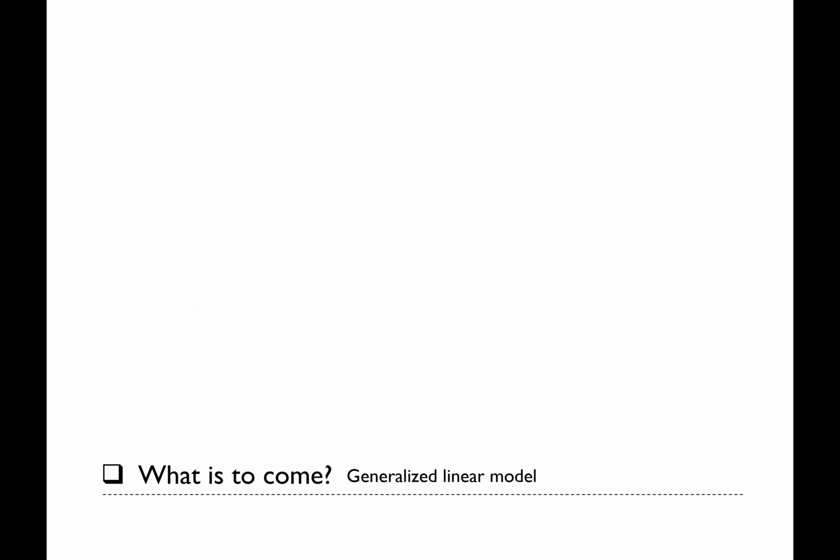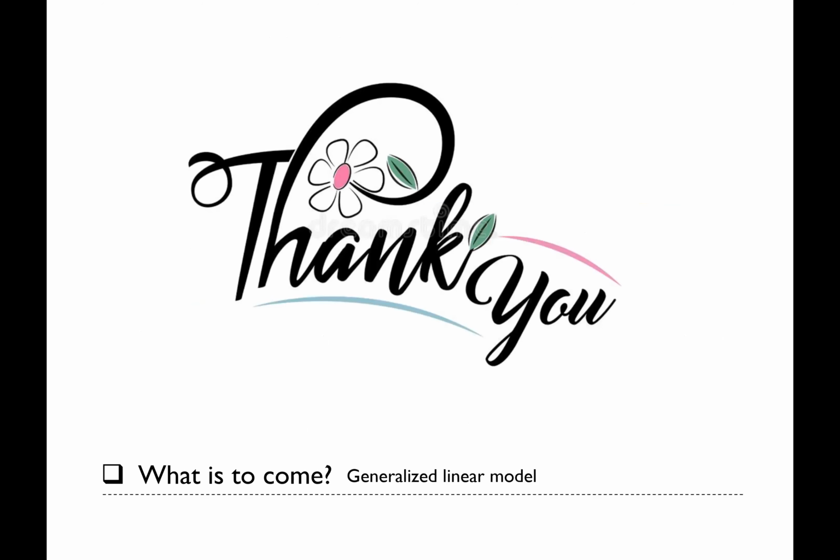After we finish this one, I will go over the generalized linear model. In the generalized linear model, Y doesn't follow a normal distribution, it follows something else. Thank you so much and see you in a few minutes on the recorded video for the multilinear regression using the JAGS function. Thank you so much.